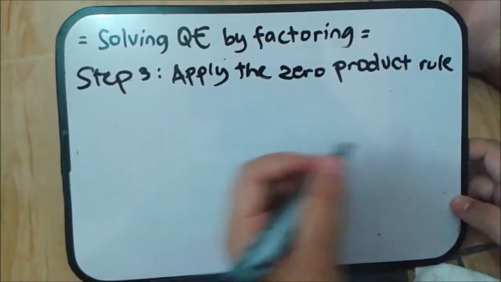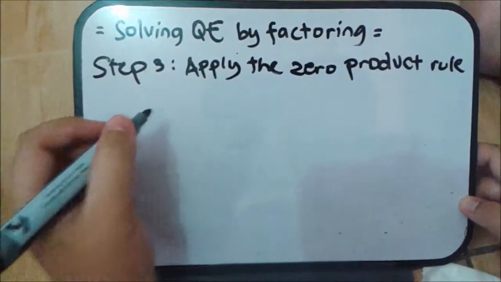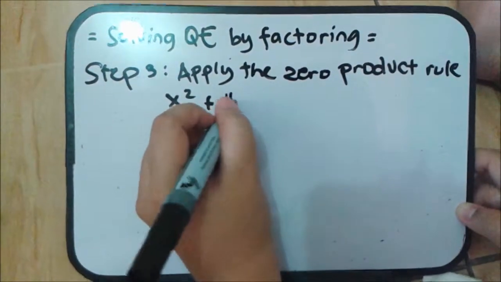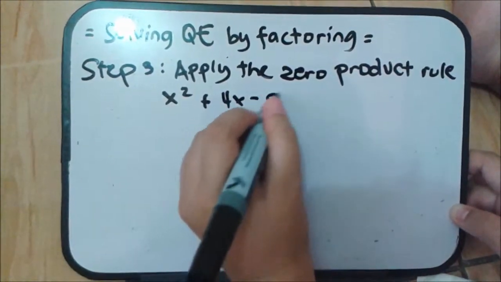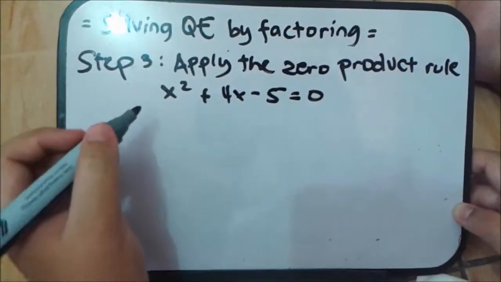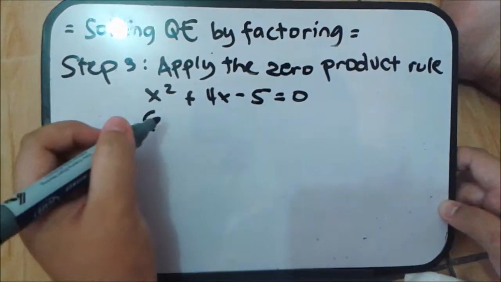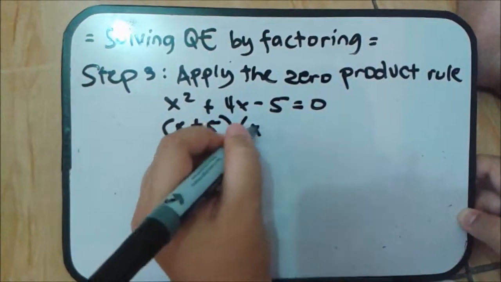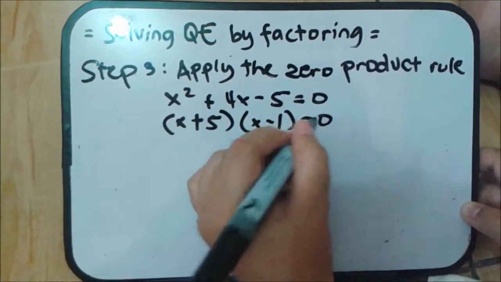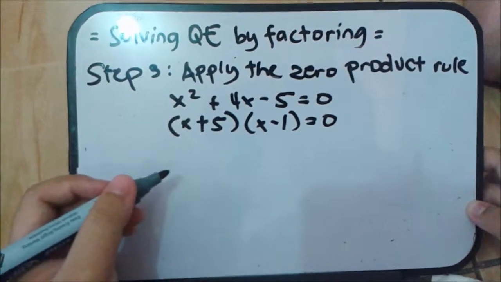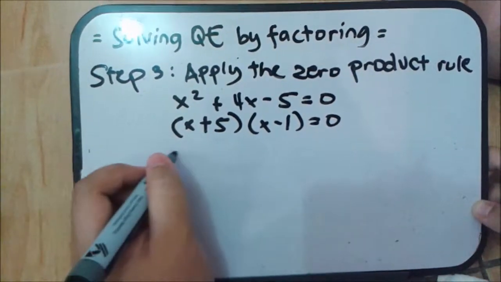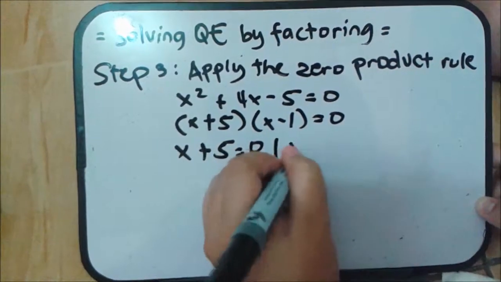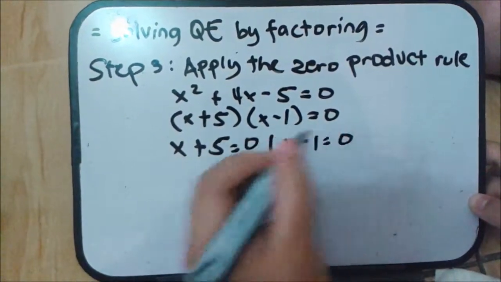This is how you apply it. Step number 1, x squared plus 4x minus 5 equals 0. Step number 2, factor completely: x plus 5 times x minus 1 equals 0. Step number 3, apply the zero product rule. This is how it works: x plus 5 equals 0, x minus 1 equals 0.